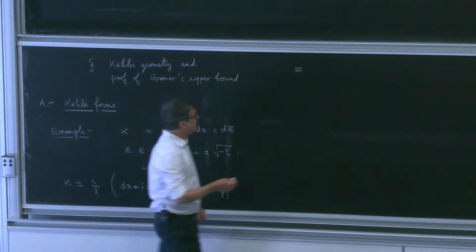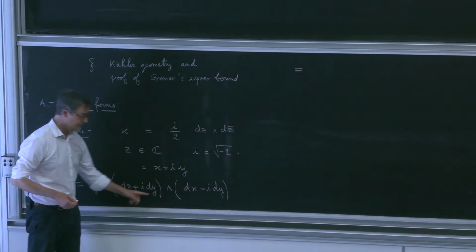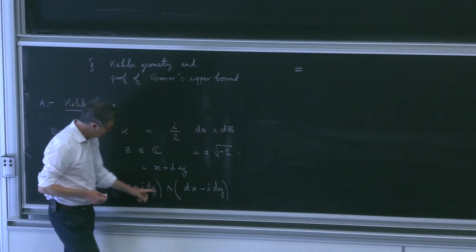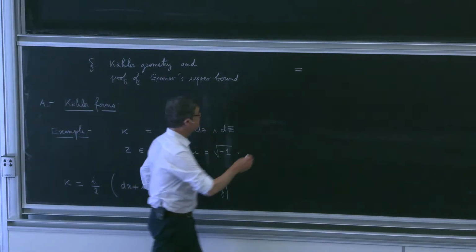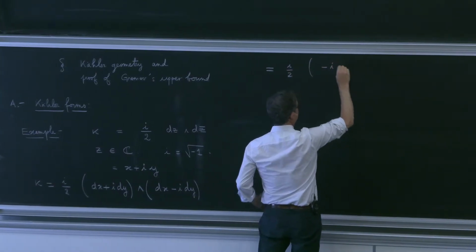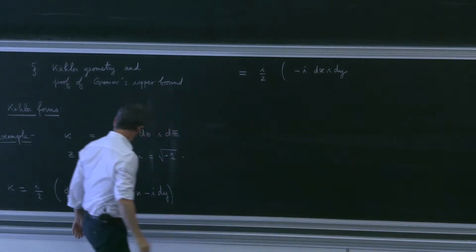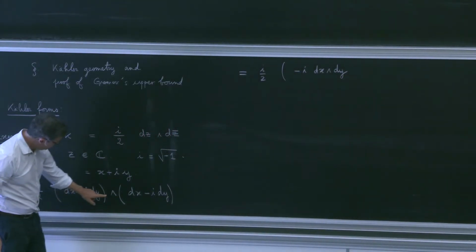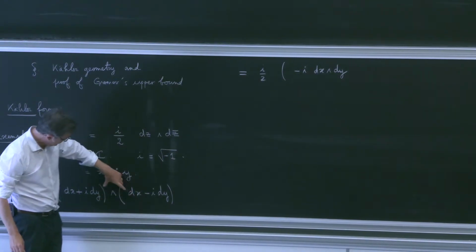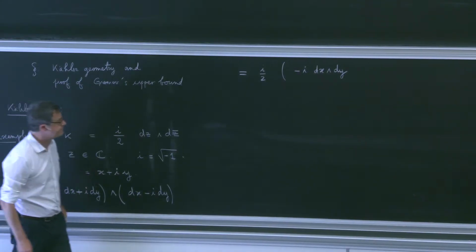dx wedge dx is 0, because I multiply the same one form. dx times minus i dy, so it's minus i dx wedge dy. And i dy wedge dx is i times dy wedge dx, and dy dx is minus dx dy.